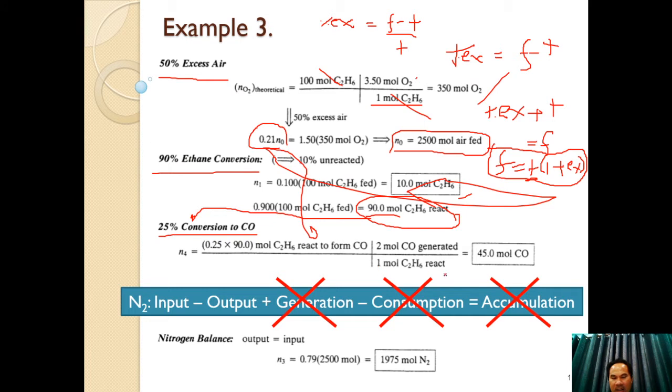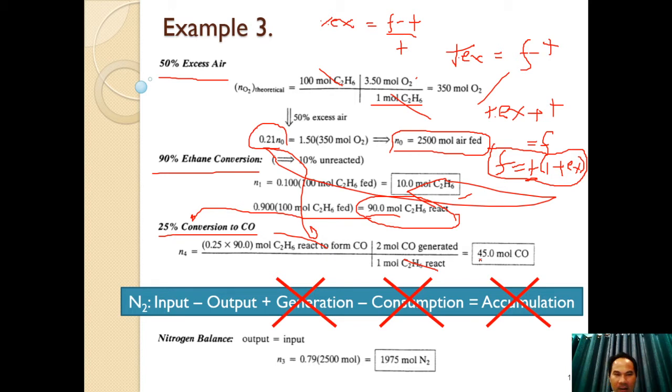This 1 mole ethane reacted generates 2 mole CO. But for this case, the ethane reacted to CO is 0.25 multiplied by 100 multiplied by 90, because 25% of 90 is converted to CO. 25% is 0.25 multiplied by 90. This amount of ethane reacts to CO. Okay? This mole also cancels. And so you get mole of CO generated equal to 45 mole CO.